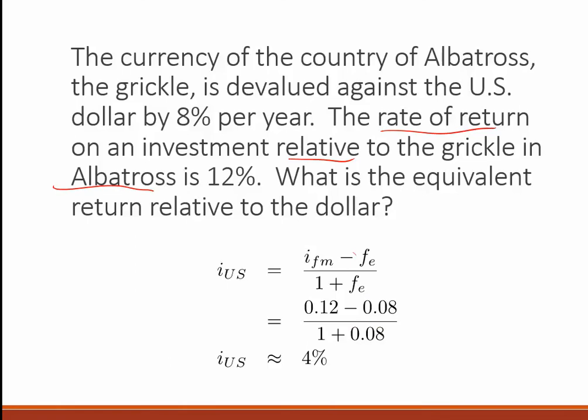Then this gives us approximately 4%. So that is the equivalent rate of return, the return relative to the dollar. Okay, we'll stop right here, and we're going to continue with an example in the next video.